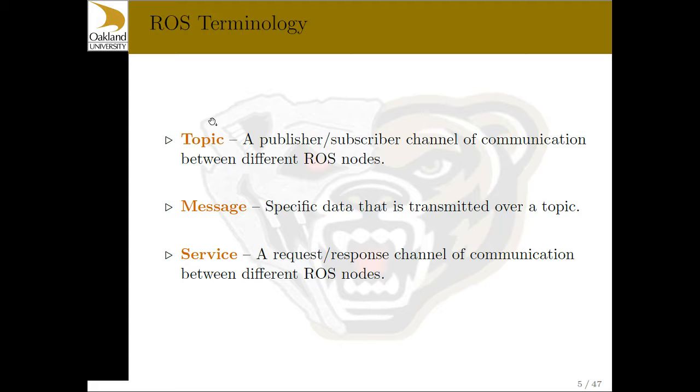So now, deciding which one to use depends on your application. Typically, topics are used for periodic data that gets sent at a very particular rate. For example, you have a GPS receiver. There will be a node that receives all the raw data from the actual sensor.